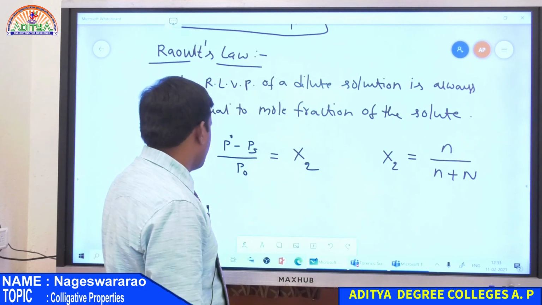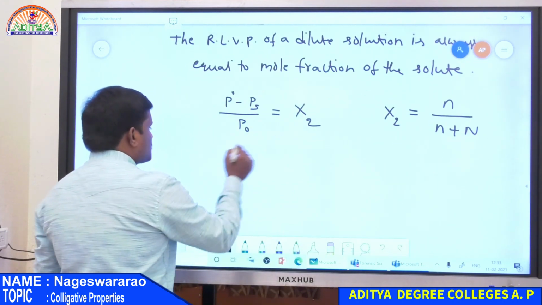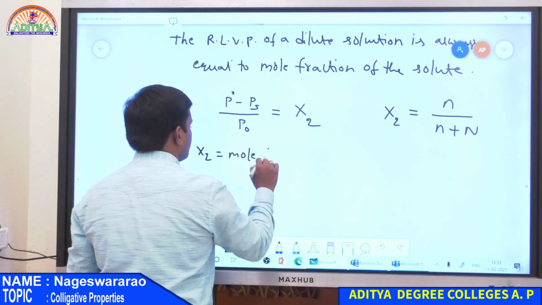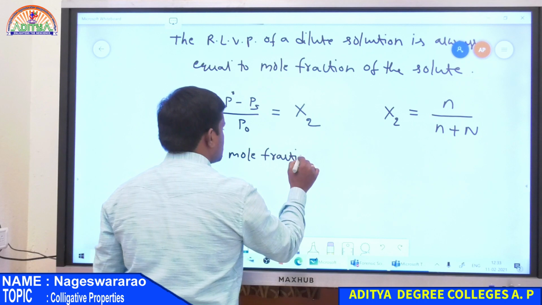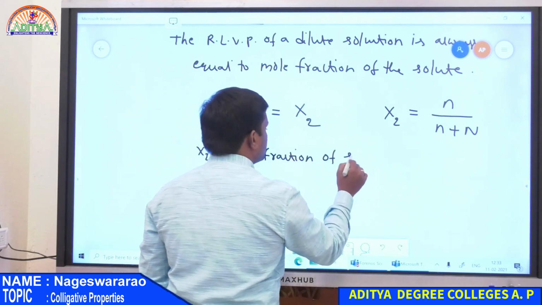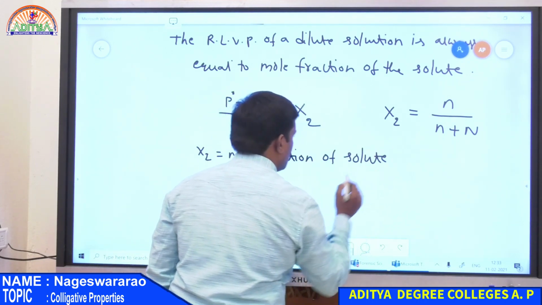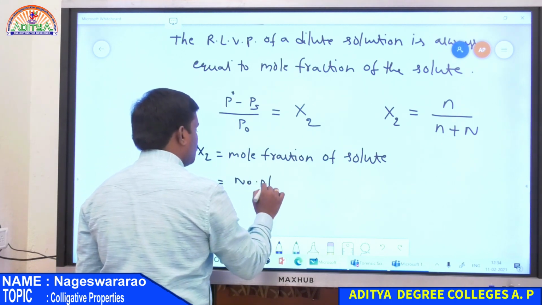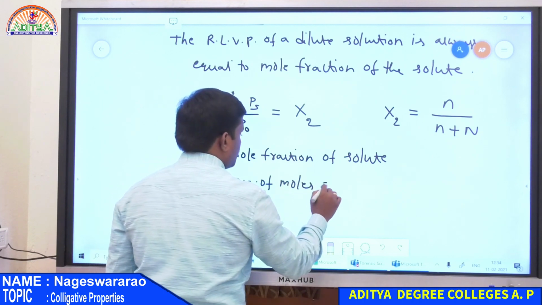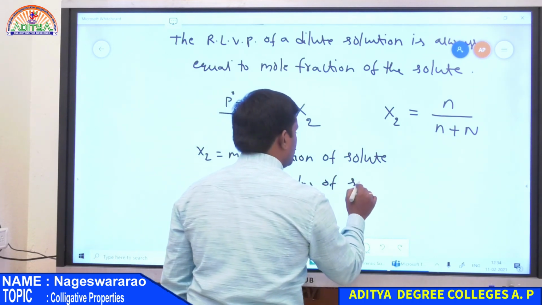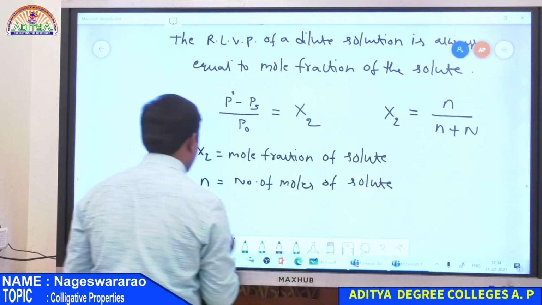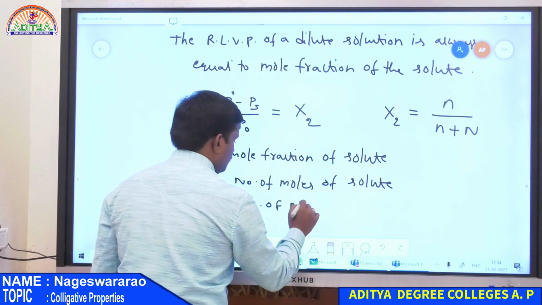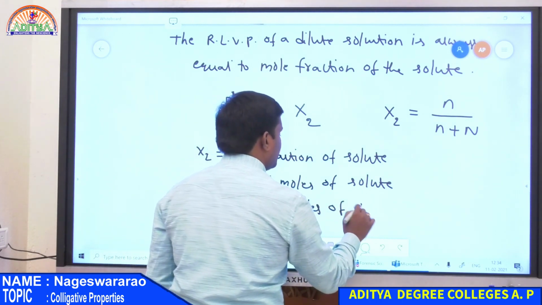Here X2 is the mole fraction of solute, and small n represents the number of moles of solute, and similarly capital N represents the number of moles of solvent.